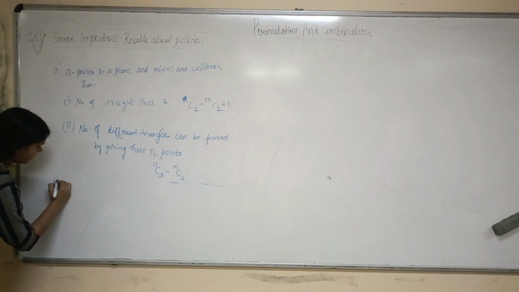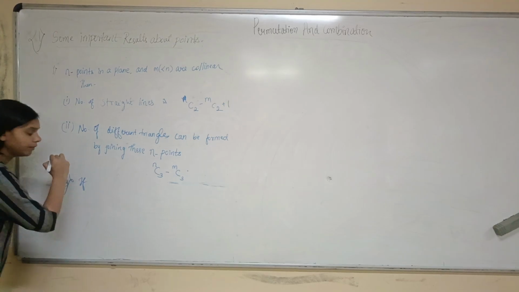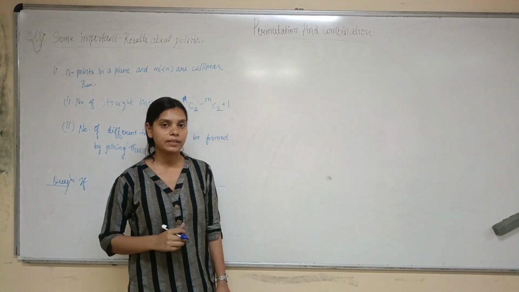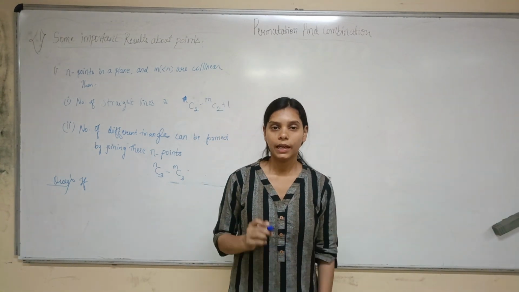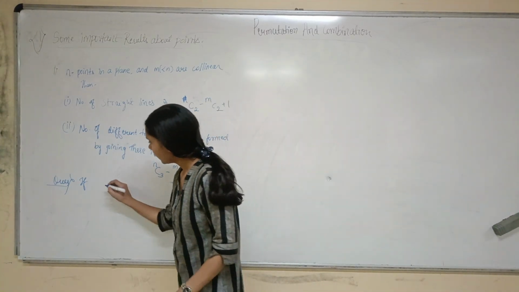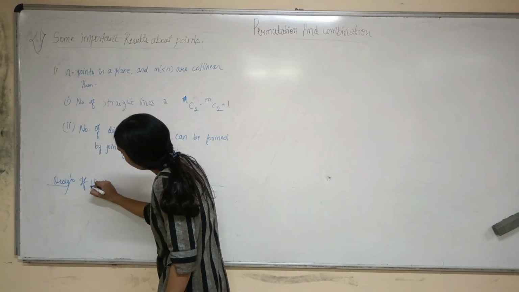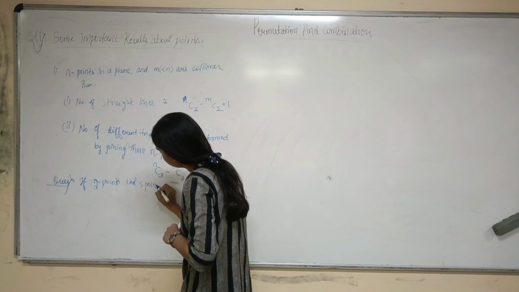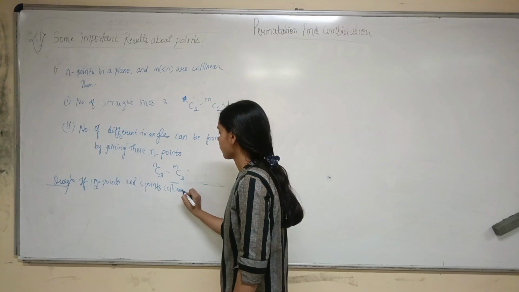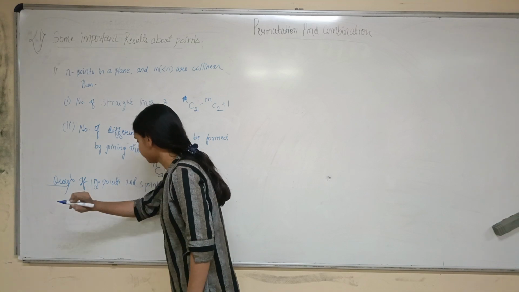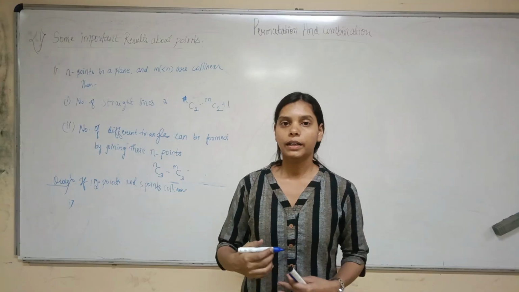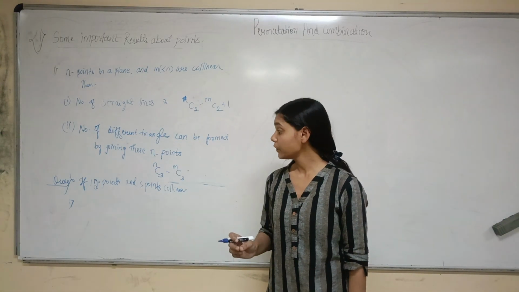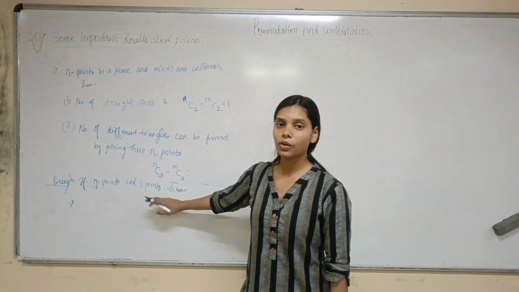Now write down one question. If there are 12 points in which 5 points are collinear, then find: first, the number of different straight lines that can be formed by using any of these points.